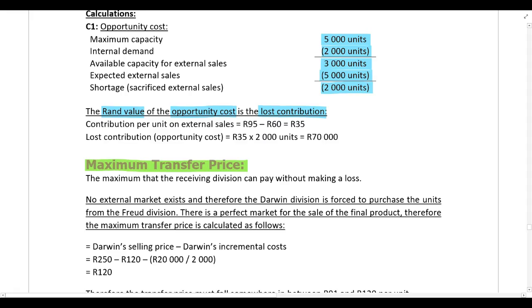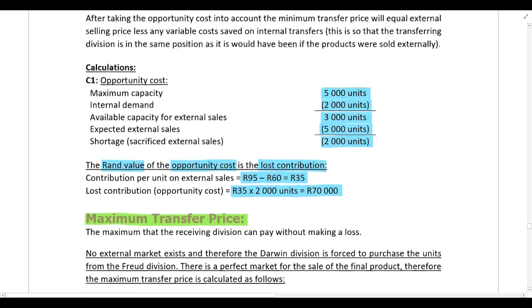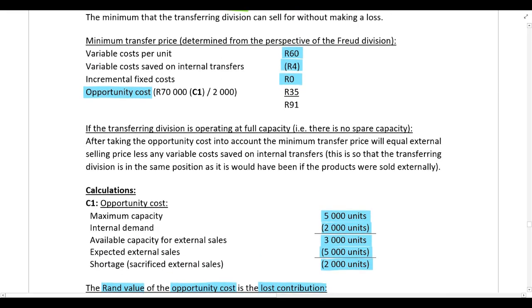So the contribution that they make per unit on external sales is 35 Rand. So if they can't sell 2,000 units on the external market, they are losing out on contribution of 70,000 Rand. So if we include that in our calculation above, remember we are trying to calculate the transfer price per unit, so you can't just include the 70,000 Rand over here.